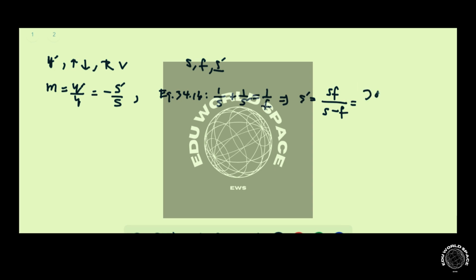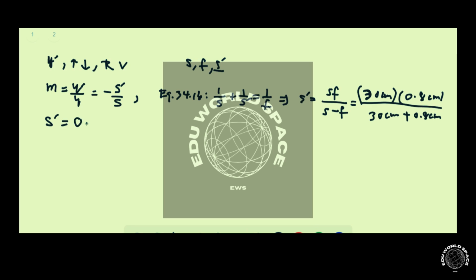And that is 30 centimeters, and f was given in millimeters. f was 8 millimeters, which would be 0.8 centimeters, divided by 30 centimeters minus 0.8 centimeters.